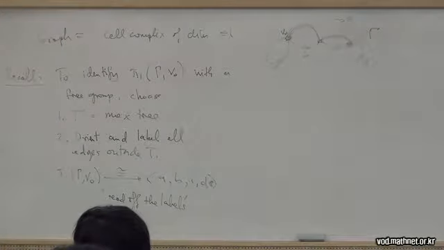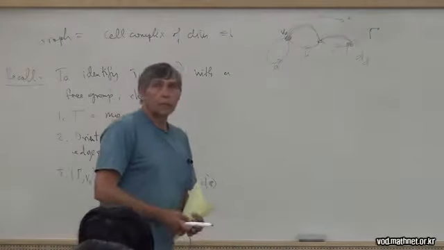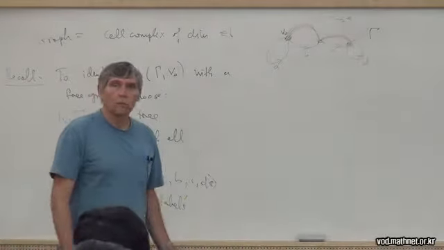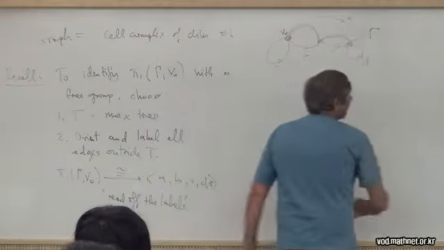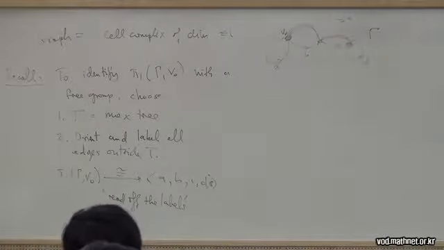And now we need a few definitions before we can state Stallings' theorem. Okay, morphism. So we have graphs. Now we need functions between graphs. Those are called morphisms. And what is a morphism? Well, it's a continuous map that sends vertices to vertices and edges to edges.